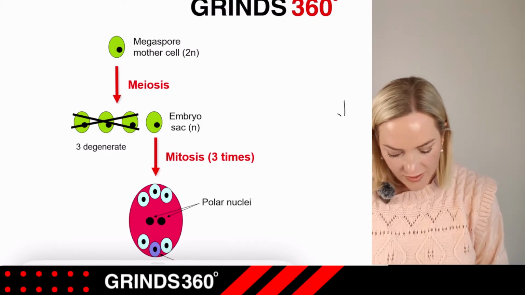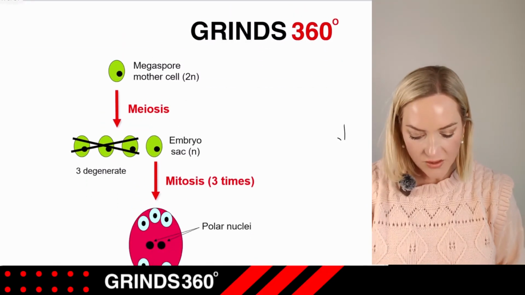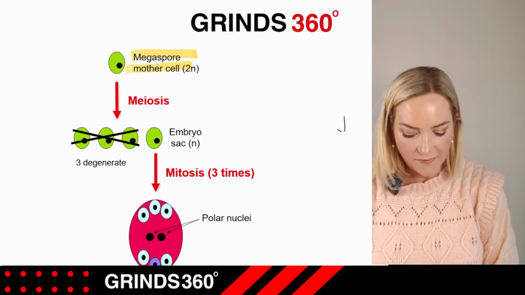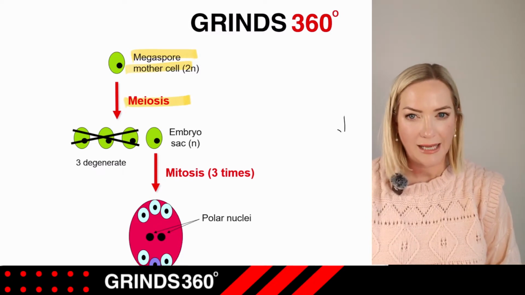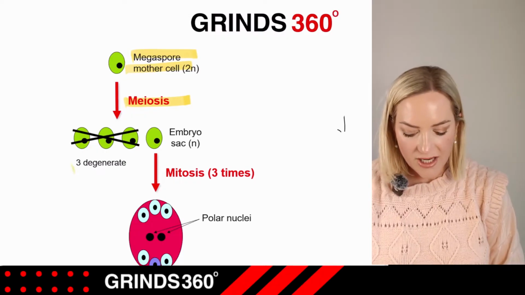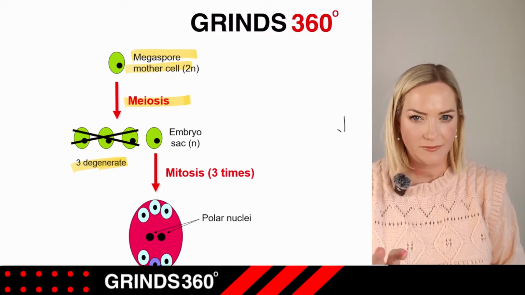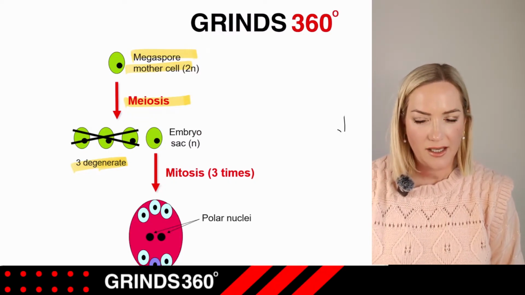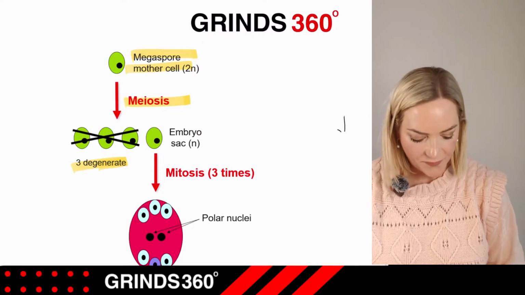Okay, so back to your female gamete formation. Here we have our megaspore mother cell dividing by meiosis. And here we have our 4 haploid gametes. 3 of these will die. You can say die or you can say degenerate. Our 1 embryo sac remaining is going to divide by mitosis 3 times. So that's important.